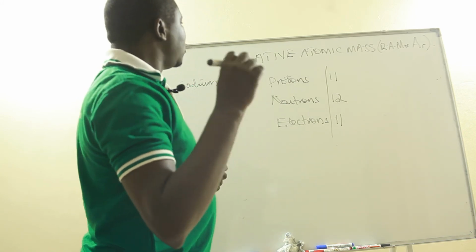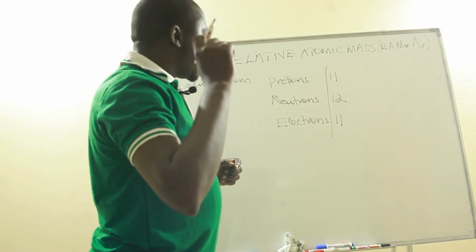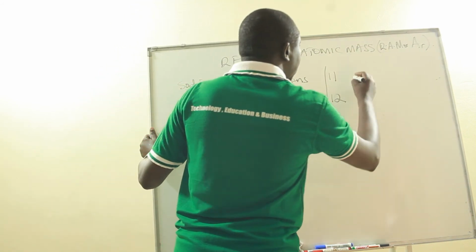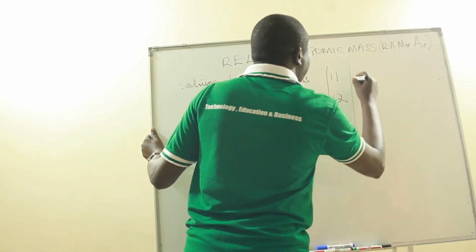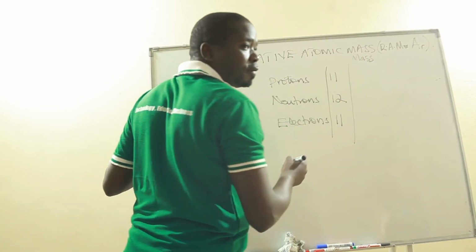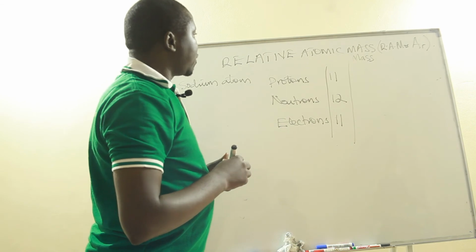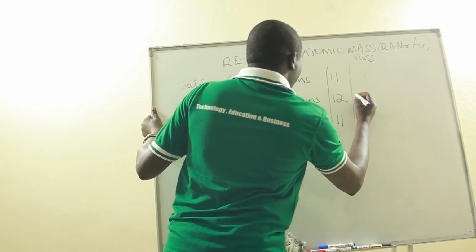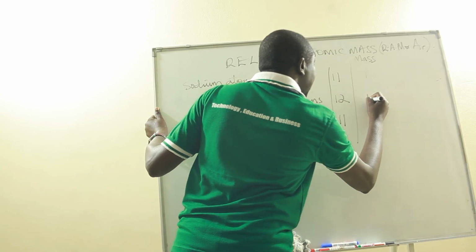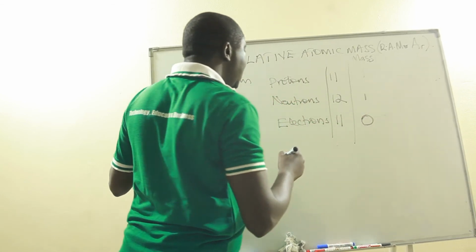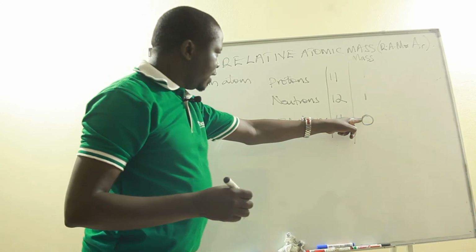So I want us to look at the magnitude of mass of each particle. A proton has a mass of magnitude 1. A neutron also has a mass of magnitude 1. An electron has a mass of magnitude 0, meaning that an electron has a negligible mass.